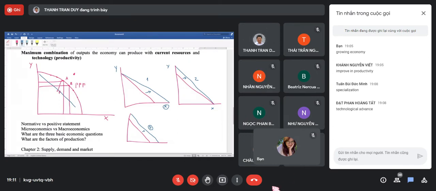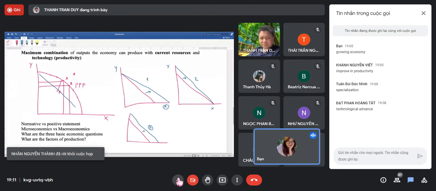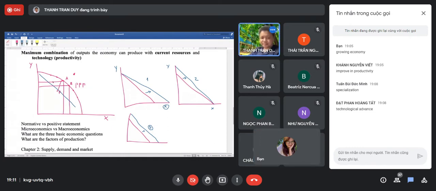Reason. PPF curve. Yes. What relation? That's not the key point.